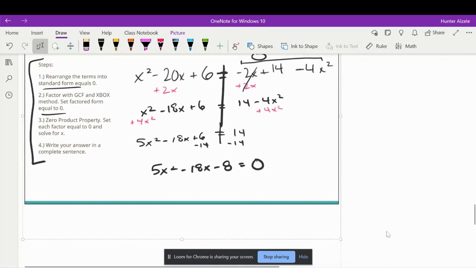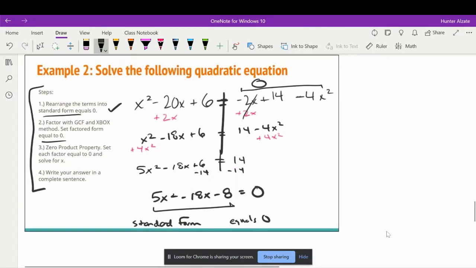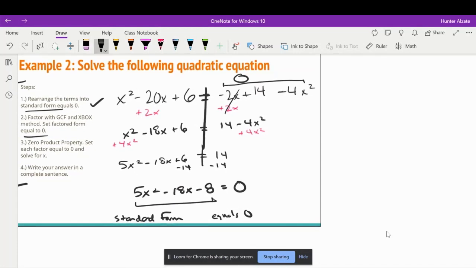So let's go ahead and, that was step 1. That was rearranging it all, so standard form is equal to 0. Now let's factor this expression. So I want to do that over here.